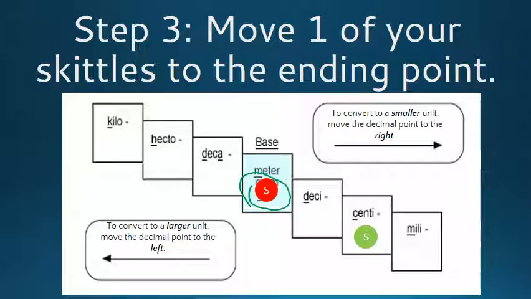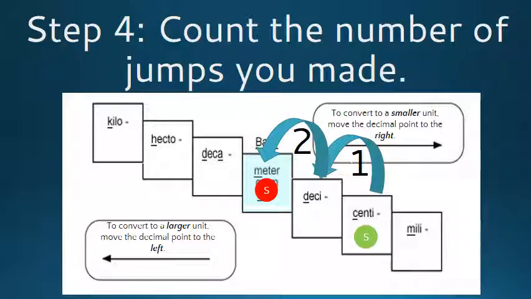right here, because when we're converting, we're simply going to move our decimal place. And this little exercise of using the skittles helps us learn how many decimal places we need to go. So if we started here on centi, we're going to go one step.